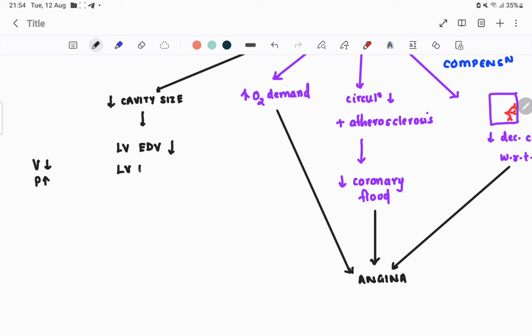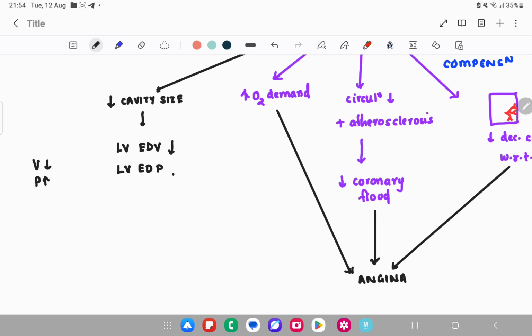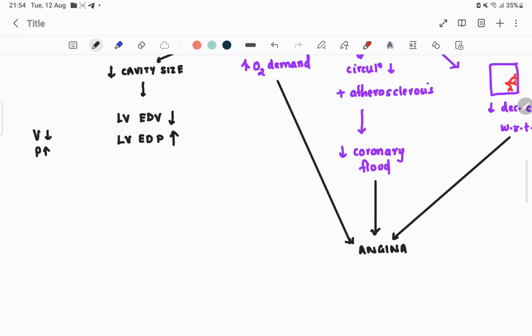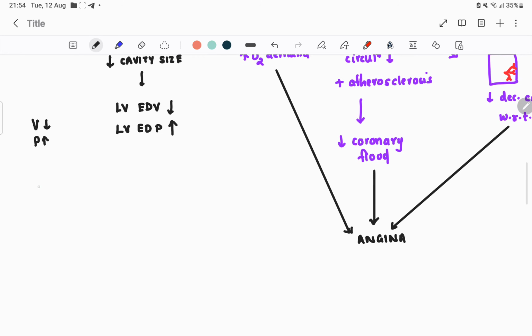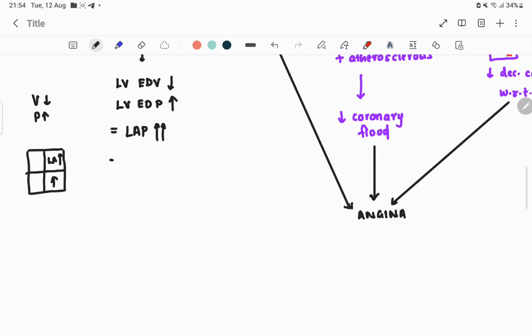That means left ventricular end-diastolic pressure will increase, and when the ventricular pressure increases to this extent, the left atrial pressure must increase, and it is equal to pulmonary capillary venous pressure or pulmonary capillary wedge pressure.